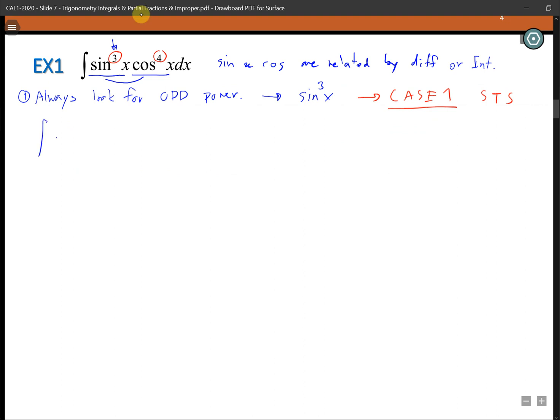Integration of sine of x cubed cosine of x to the 4th. Alright, we are going to split one of the sine terms out. Alright, first S, split, so this is what happens. Same integration, but we split one of the sine out right here, which means that the rest of the terms is sine of x to the power of 2, decreases by 1.